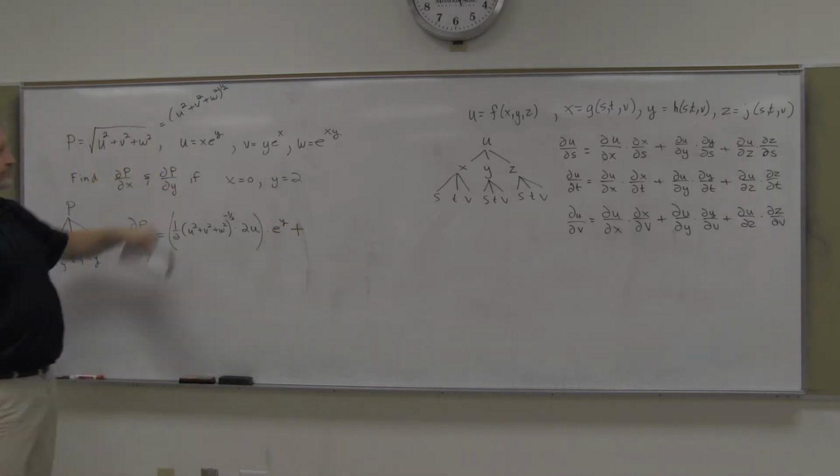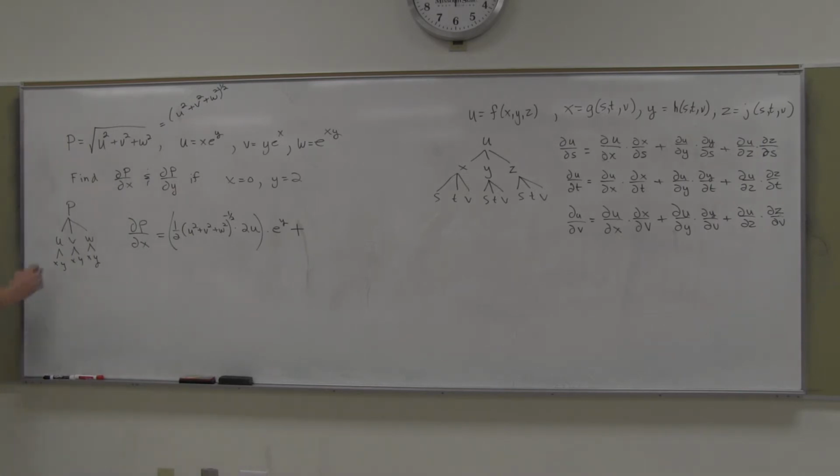Okay? But I'm going to have to go to the x through all of these. So the partial of p with respect to v, like I said, it looks bad, but it's very much the same here.